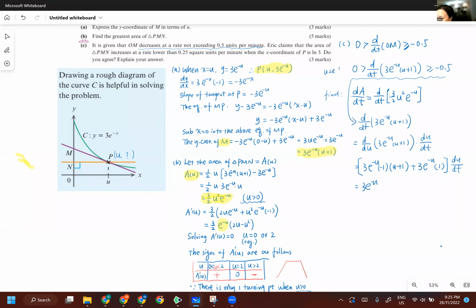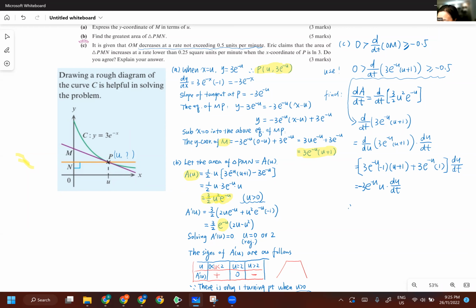3e^(-u). This is negative u negative 1 plus 1. So it's negative u. Maybe I put negative sign inside. Negative 3e^(-u) u du/dt. Okay.